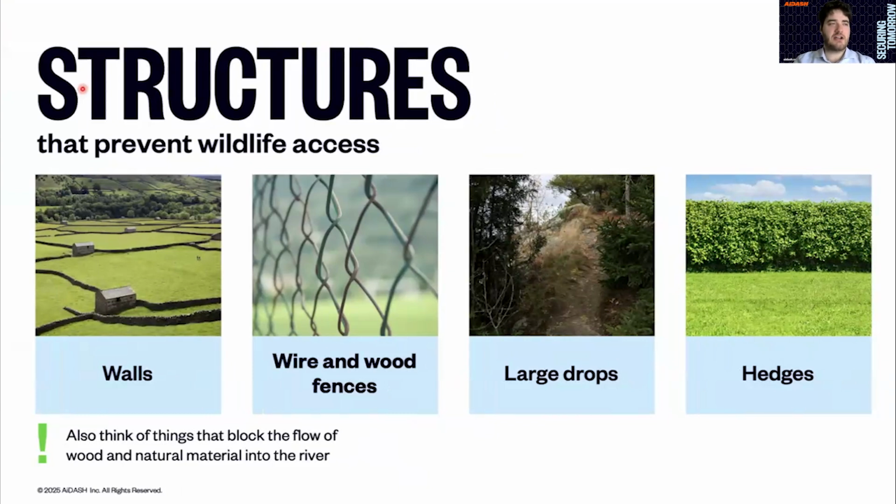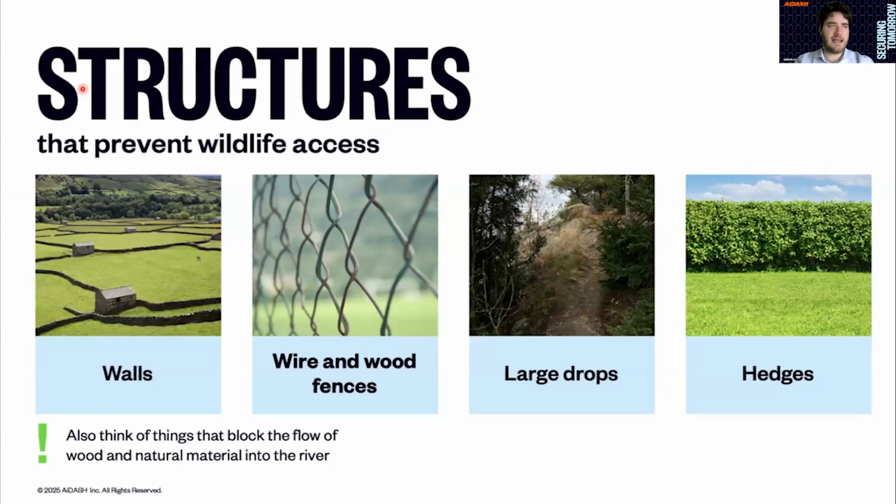It's also about things like the natural flow of material into the river, like wood or rocks, that kind of thing. A fence or wall will obviously do this. Wood will fall, especially on a steep slope, will tumble down the slope and then get caught in the wall or the wire fences, and won't go into the river to contribute to the natural ecological functioning of that river. And hedges can also do this.